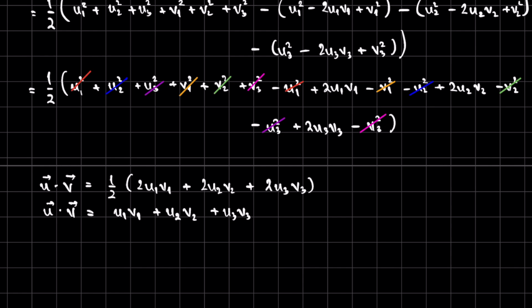So technically this is the proof to show the calculation of u dot v. Again, u dot v is equal to u1 times v1 plus u2 times v2 plus u3 times v3.